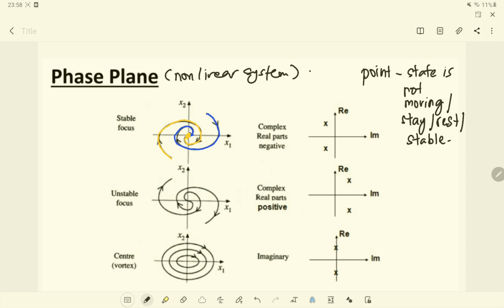Obviously, in the first example, the state moves to the origin. Here, right? From here to the origin.